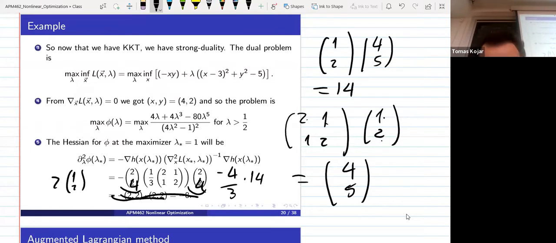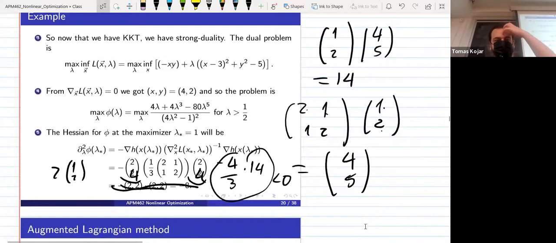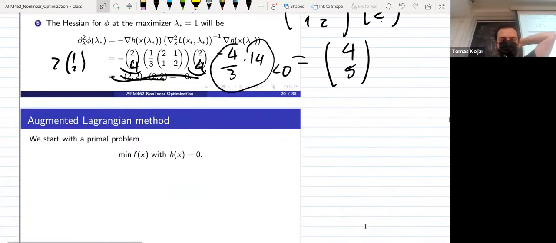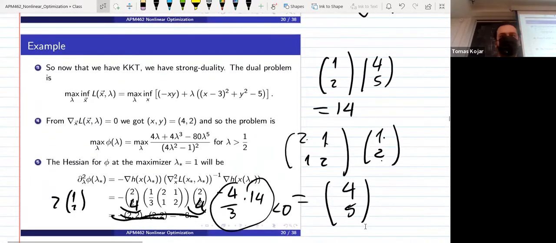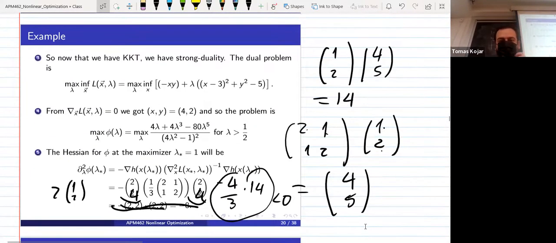Okay, good. And then you get this number, which is negative, which is all I care about anyhow. So it's negative definite, so you have a maximizer, which is KKT. All right, so we did this example in detail.